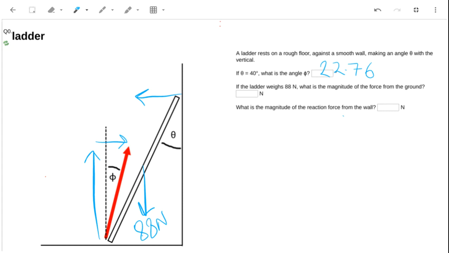So calling it F, then F cos phi equals 88. So I need to do 88 divided by cos of the previous answer, and that gives me 95.43 newtons.